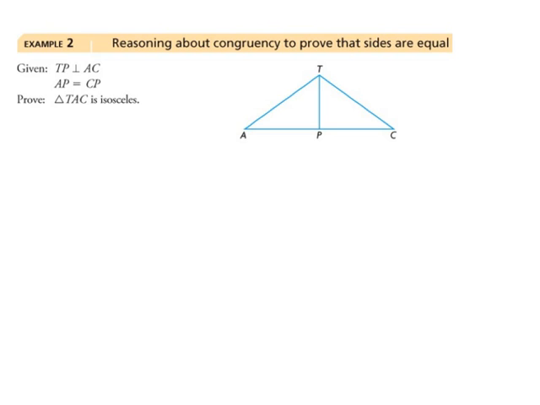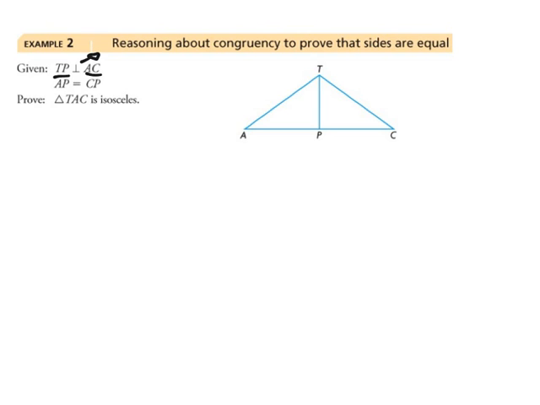In this example, we'll be using reasoning with congruencies to prove that sides are equal. So we have two triangles, and what's given to us in this question, which we should always write on the picture, is that line segment TP is perpendicular to line segment AC. This is a perpendicular side.